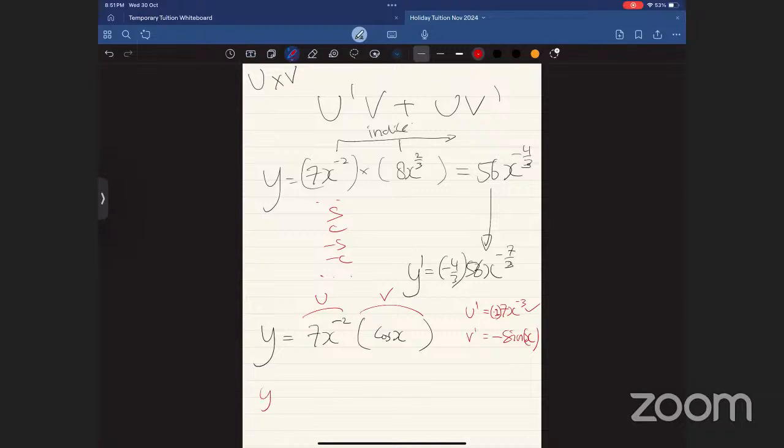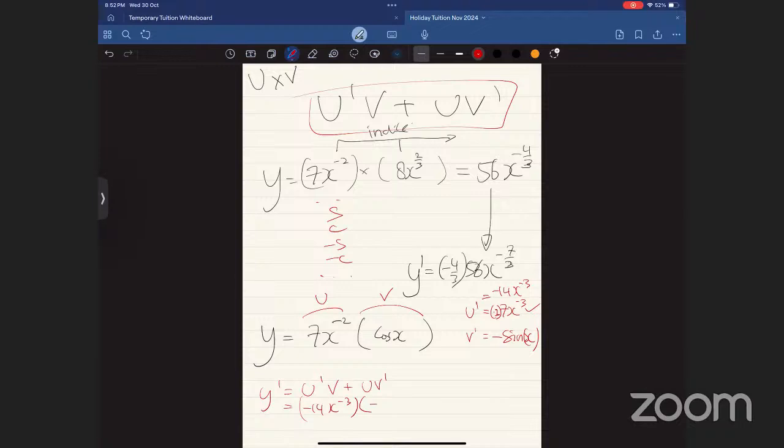Okay. So now the u prime should follow the product rule. Eben, please read for us the product rule. U prime times V plus U times V prime. Please do it for us. What will it be? Negative 14x to the power of negative 3 times negative sine x.